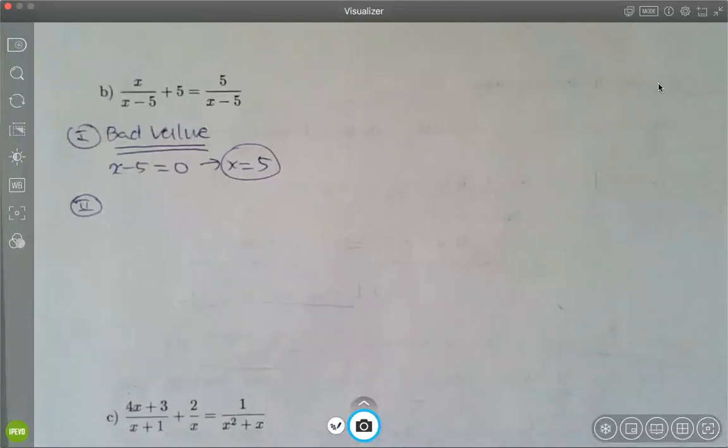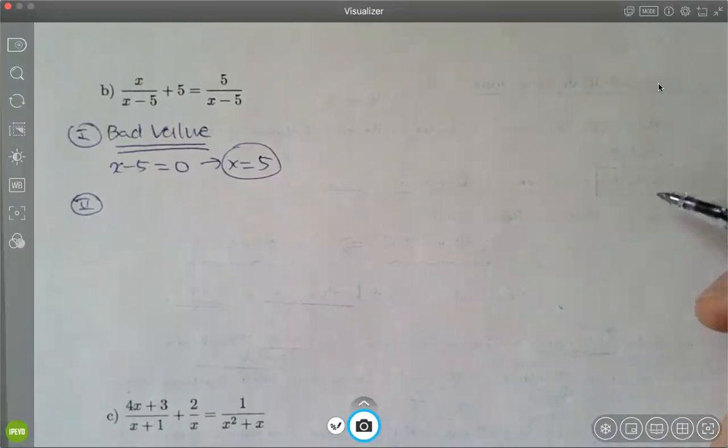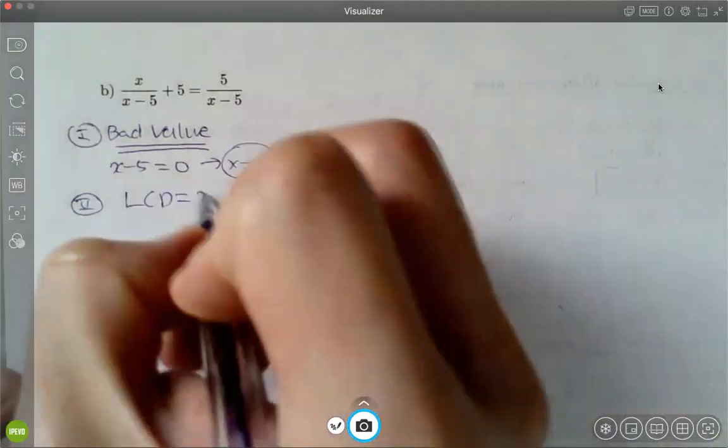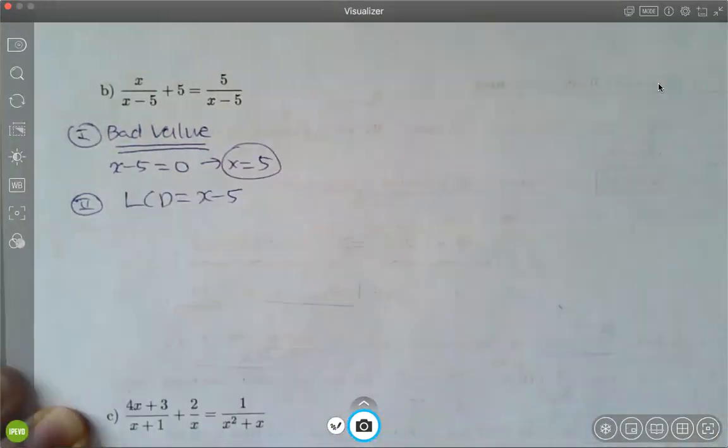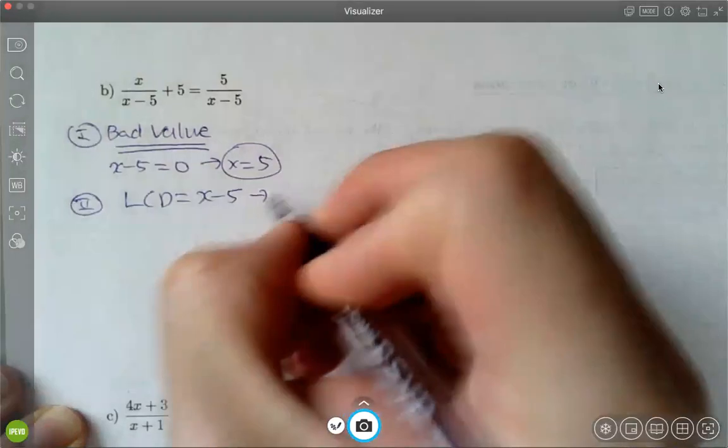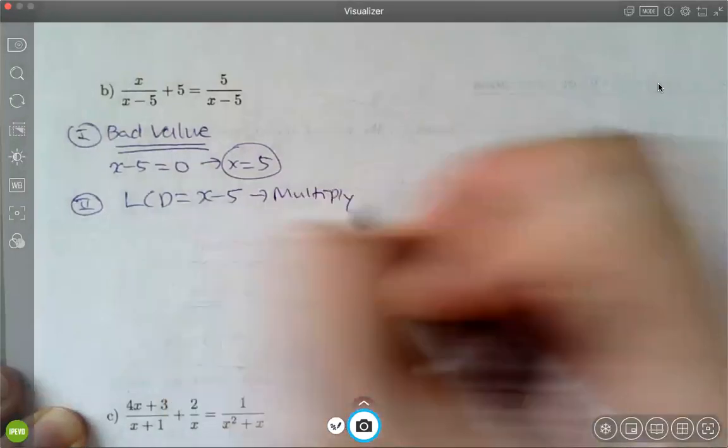LCD, least common denominator. x minus 5, yes. Which is the same denominator, right? So LCD is x minus 5. Okay, and we multiply this to each fraction.